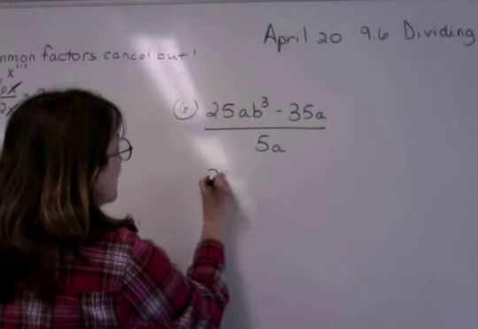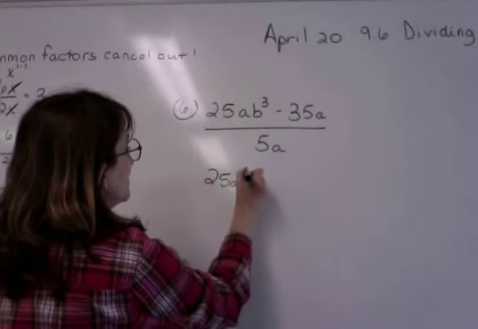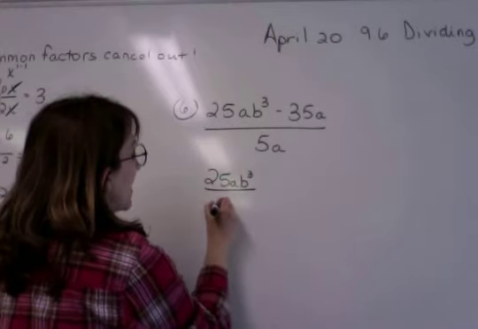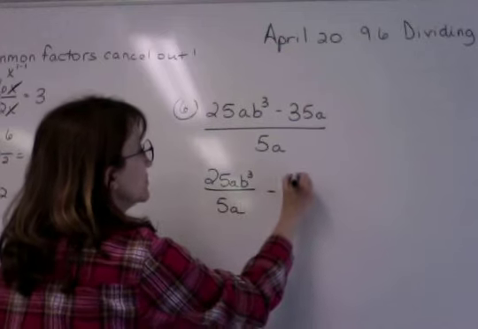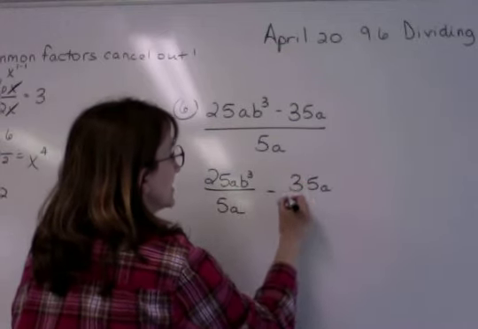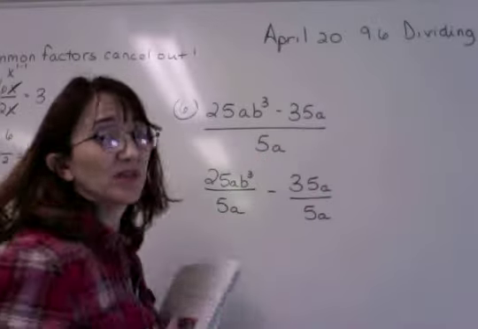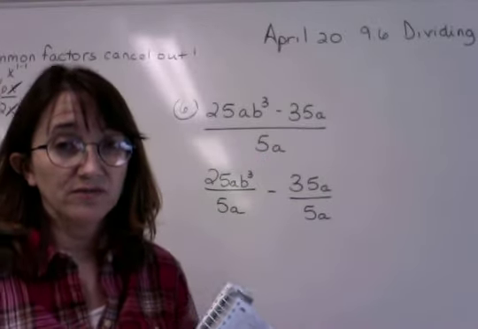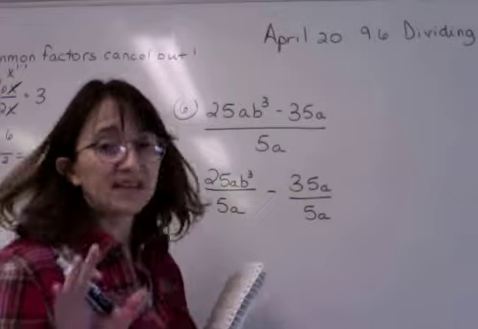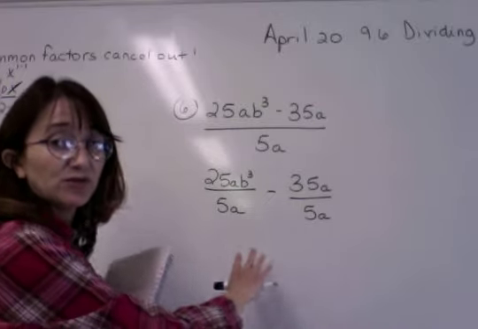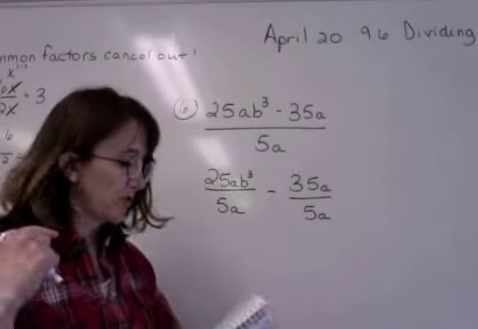I'm going to divide the 25ab cubed by 5a. I'm going to divide the 35a by 5a. Don't try to get rid of it in one step right here. You will mess up, okay? It's better to distribute so you can keep that in your brain.